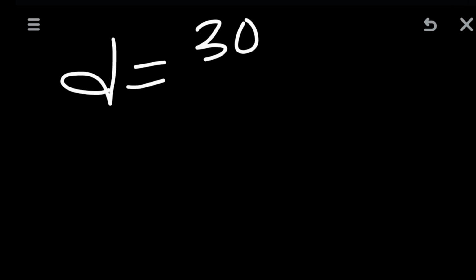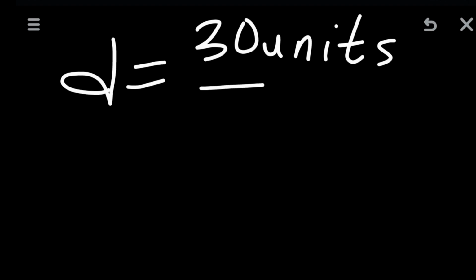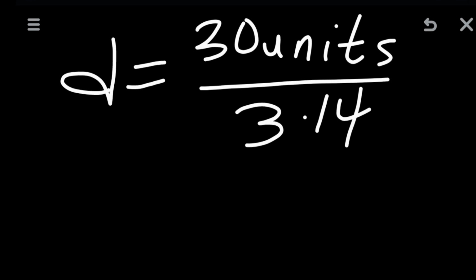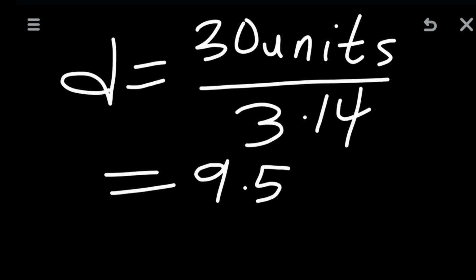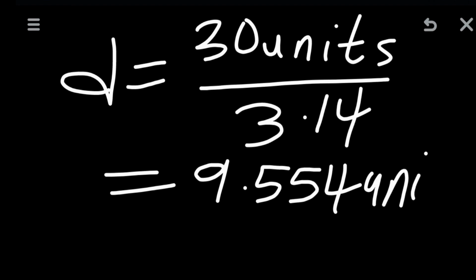So to input this value, we have diameter D equals the circumference 30 units over the constant pi. This then gives us our final answer to be diameter equals 9.554 units.